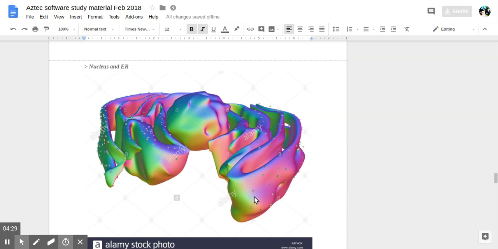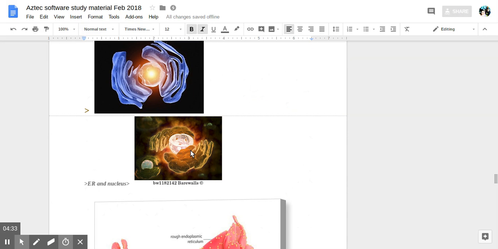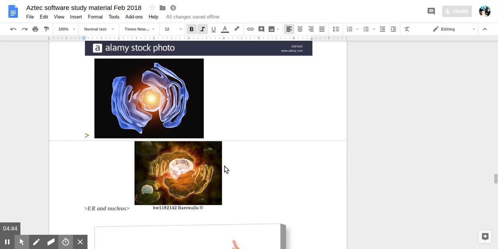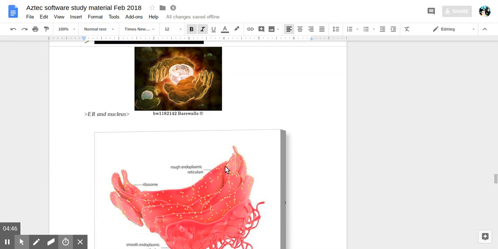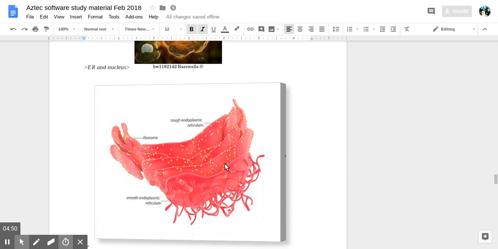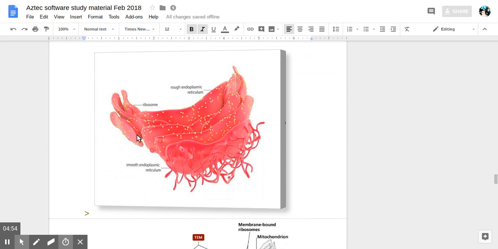The membranes, it's very beautiful. Here as well, the nucleus and the ER. Very lovely images. Here as well, the smooth and the rough. The rough has ribosomes, the smooth does not.